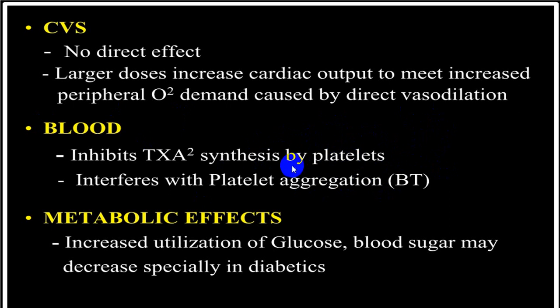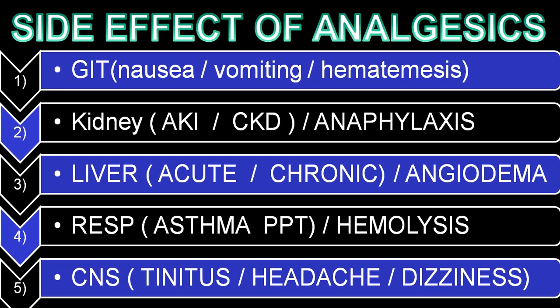But it is very useful to prevent the formation of a thrombus. It also increases the utilization of glucose and blood sugar may decrease partially in a person who is diabetic. So you have to be aware that when some of the NSAIDs are utilized in a good dose for a prolonged period, they can produce a reduction in glucose level, particularly in a diabetic person. So you should be aware of that.